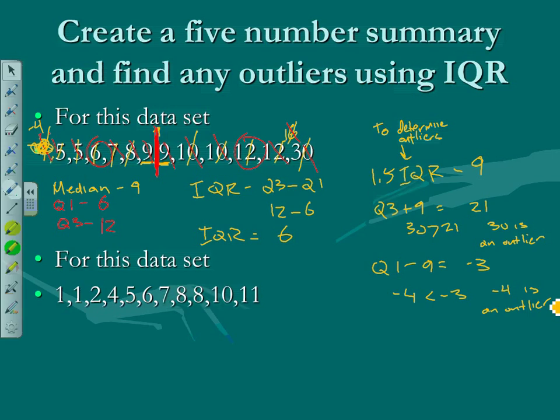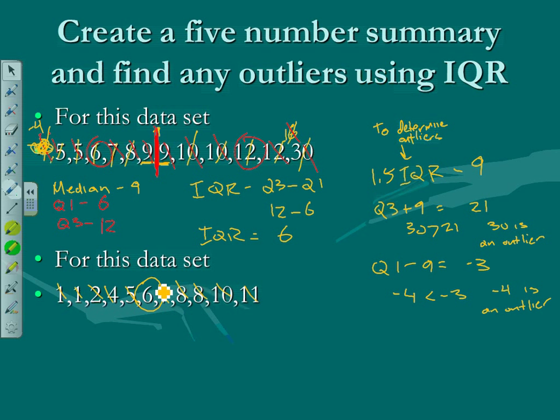The next data set. It's important to know if you have a median that's in the middle. So we have 1, 1, 2, 4, 5, 6, 7, 8, 8, 10, and 11. If I found the median, it would be where? Six, right?